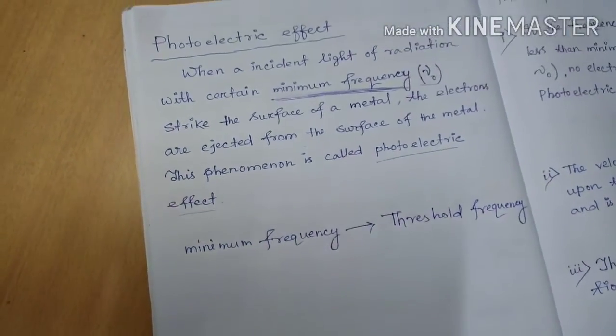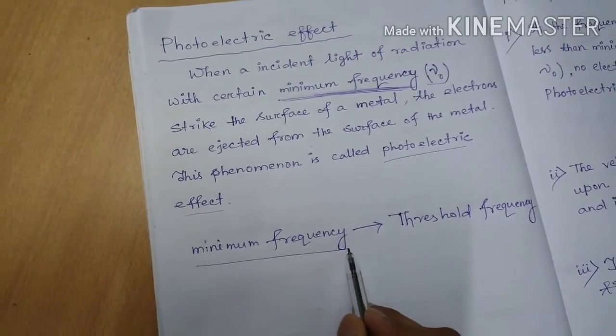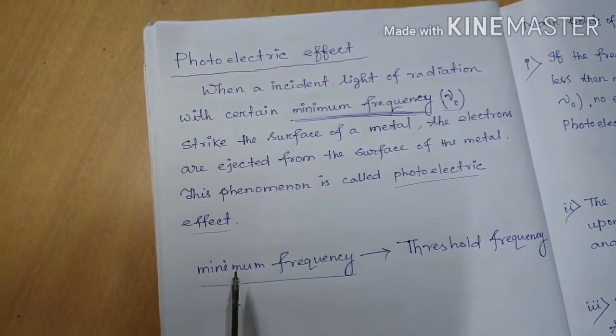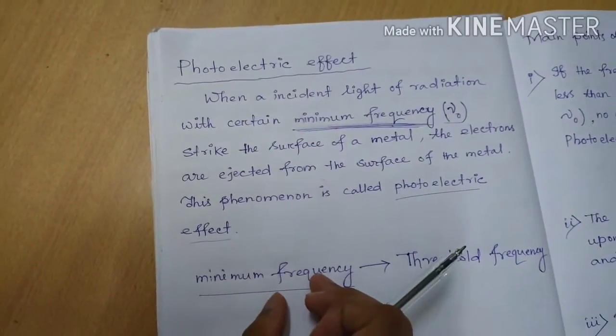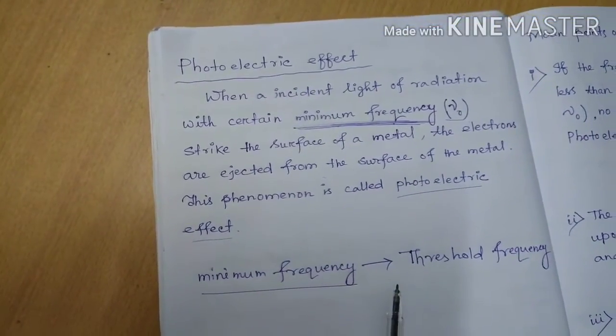So minimum frequency is also known as threshold frequency. This is the fixed frequency for emitting electrons from the surface of the metal. Below that frequency, the electron will not be ejected from the surface of the metal.